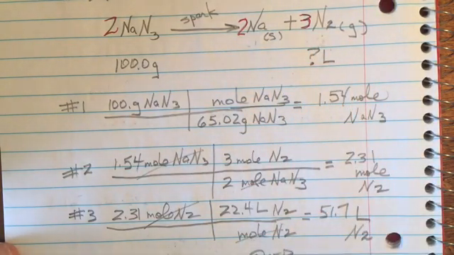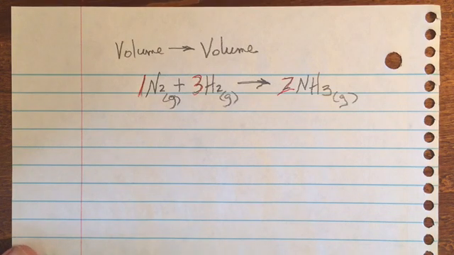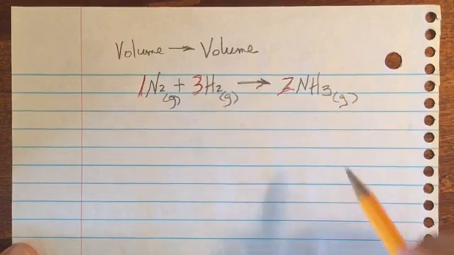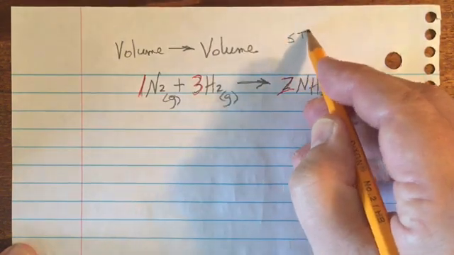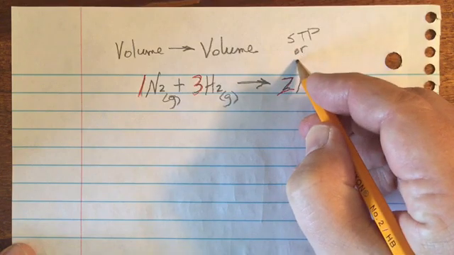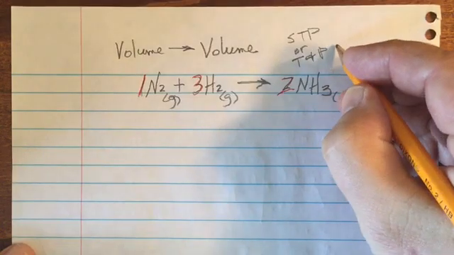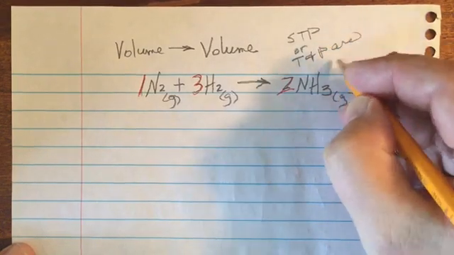This is a mass to volume problem. The third type of stoichiometry problem is a rather straightforward one called the volume to volume stoichiometry problem. It only requires one step. That's if we're at STP or other types of constant temperature and pressure, no change, and I'm going to put R constant.